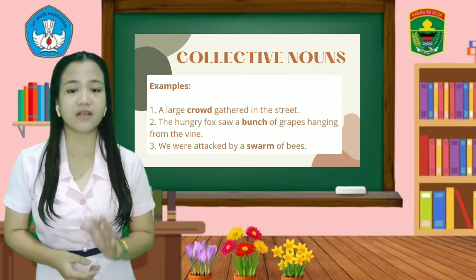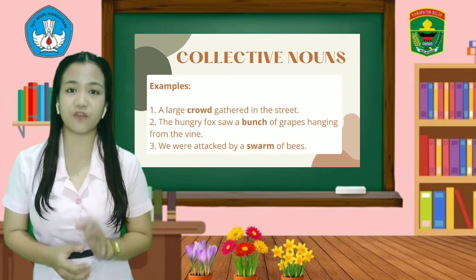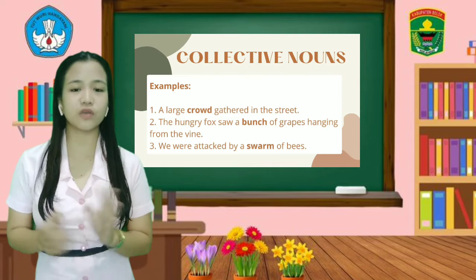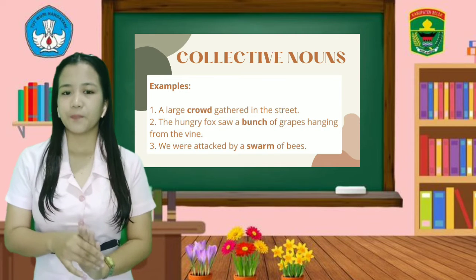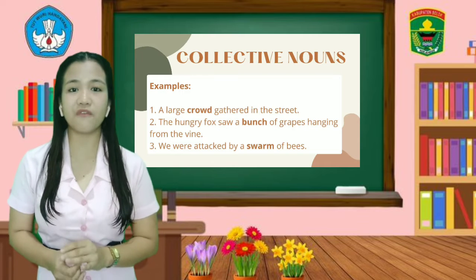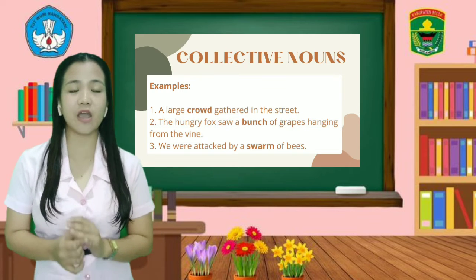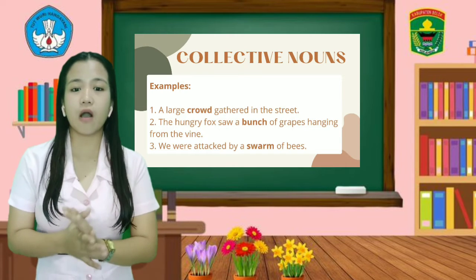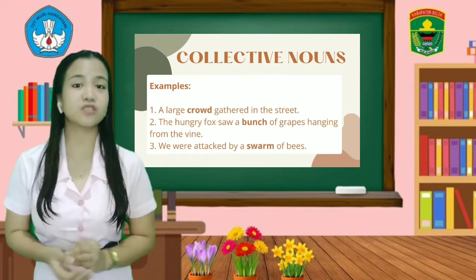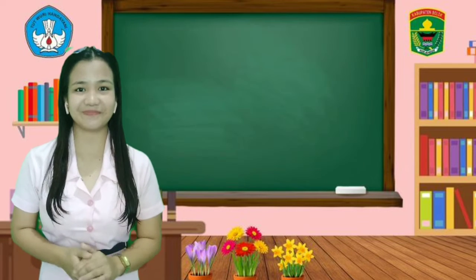The hungry fox saw a bunch of grapes hanging from the vine. We were attacked by a swarm of bees. As you can see, the words crowd, bunch, and swarm are collective nouns because they refer to a group: a crowd as a group of people, a bunch of grapes, and a swarm of bees.